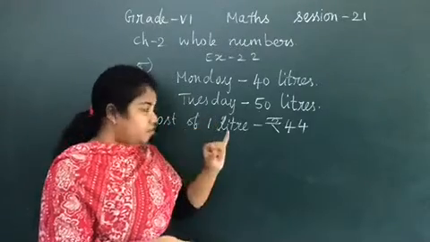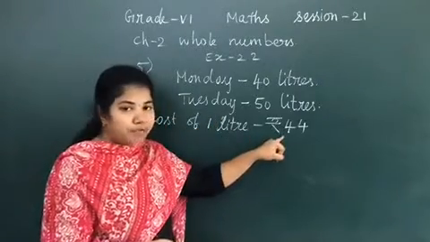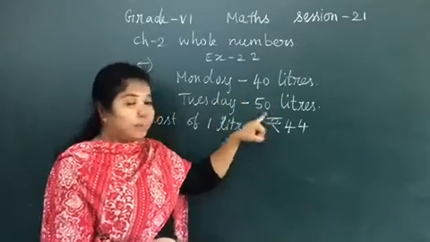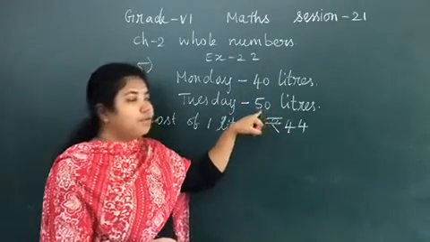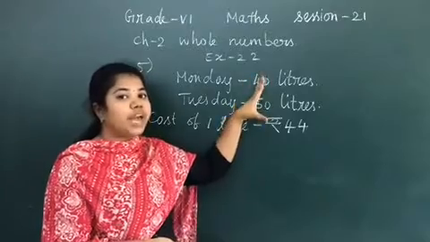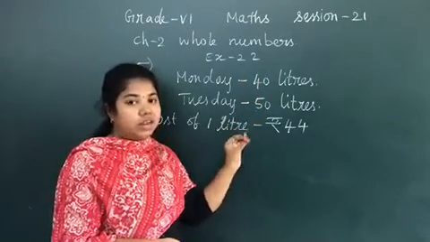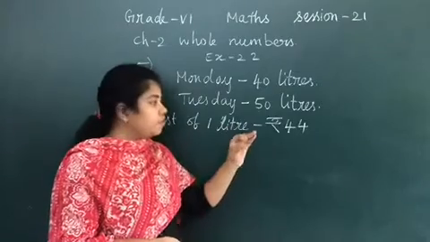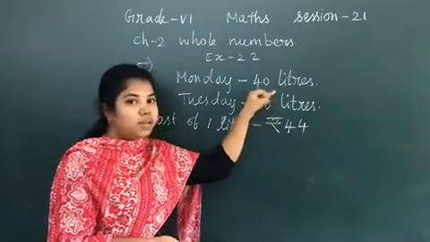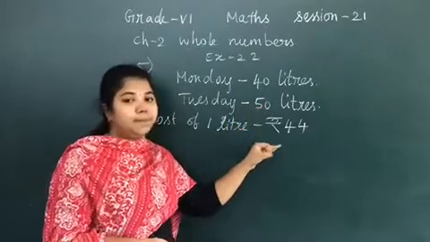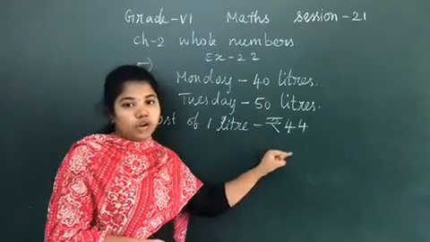In the first method, you can multiply 44 by 40 and separately 44 by 50, and then add the answers. Otherwise, the other way, you add the petrol for both days and then multiply it with the amount 44.